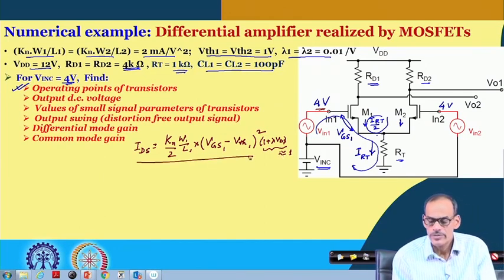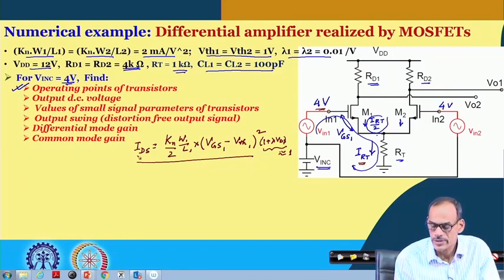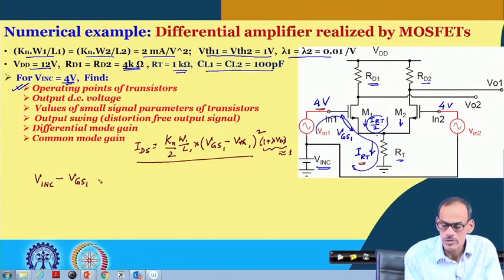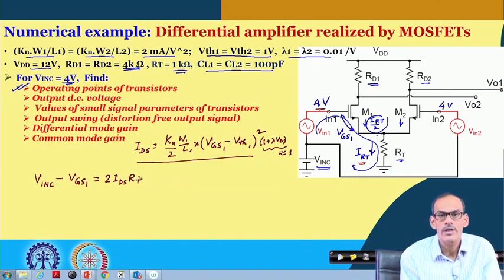So, here we do have the second order equation, and also the current flow here is 2 times IDS. So, we can say that Vin C minus VGS, whether you call VGS 1 or VGS 2, is equal to 2 IDS times RT.